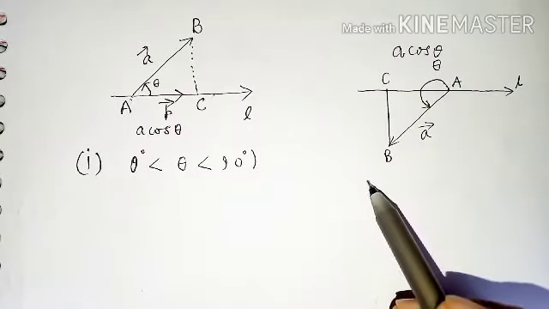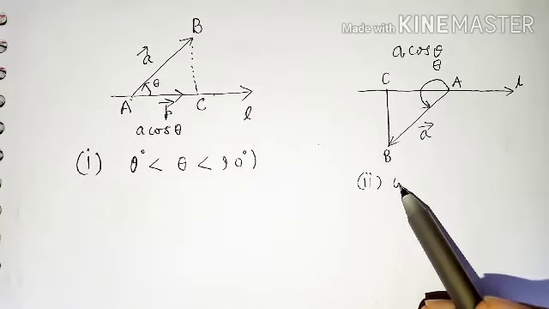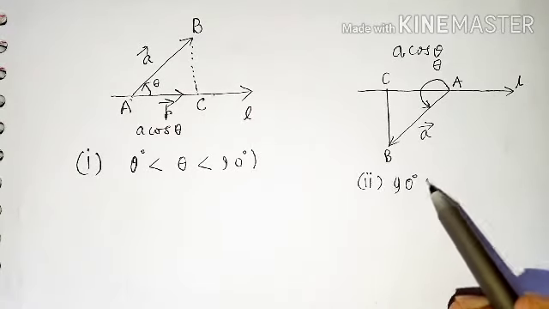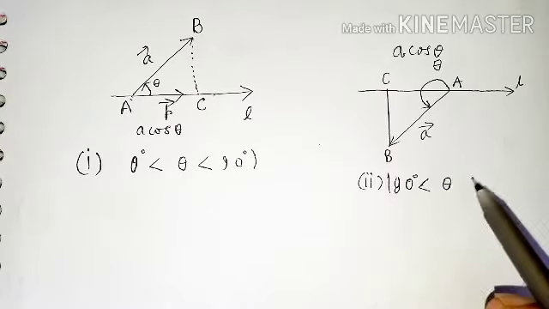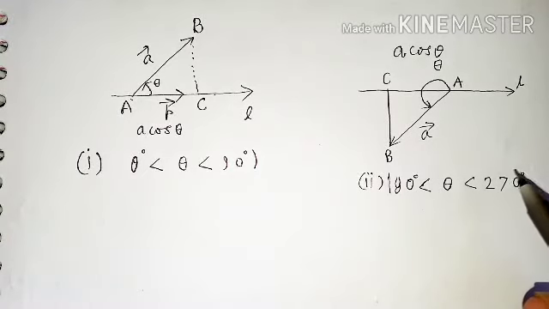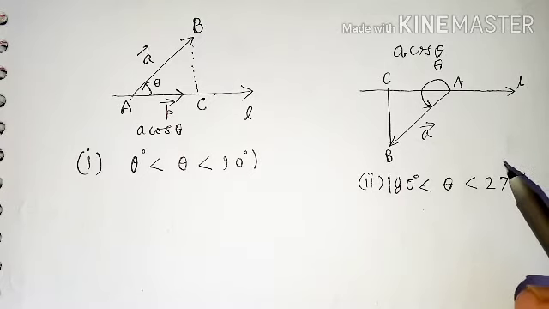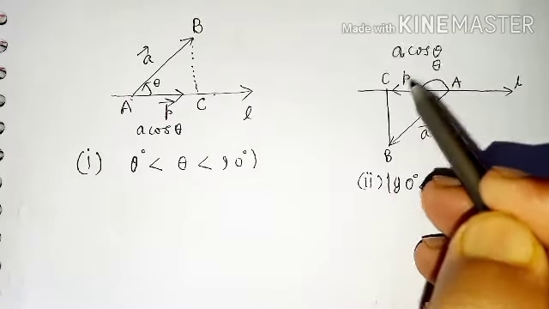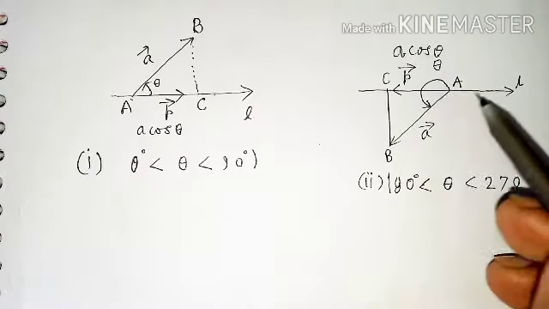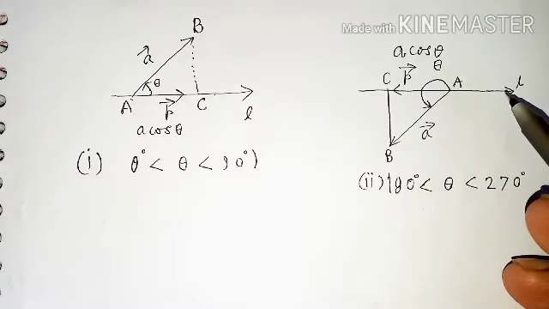Here theta is more than 90 degree, more than 180 degree and less than 270 degree. So theta lies in the third quadrant. That's why the value of cos theta is negative, and the direction of vector P is opposite to the direction of vector L.